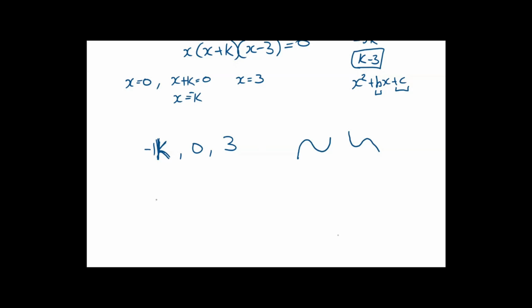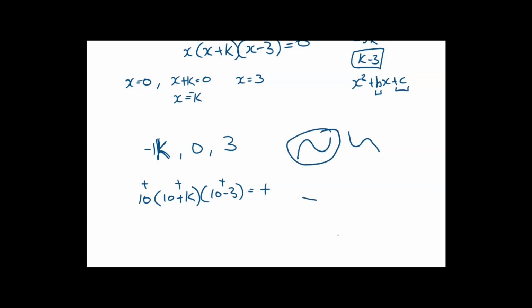So I'm going to set x equals 10. So 10 times 10 plus k times 10 minus 3. This is going to be positive, this is going to be positive, that's going to be positive. Positive times positive times positive is positive. So it's going to look like that.